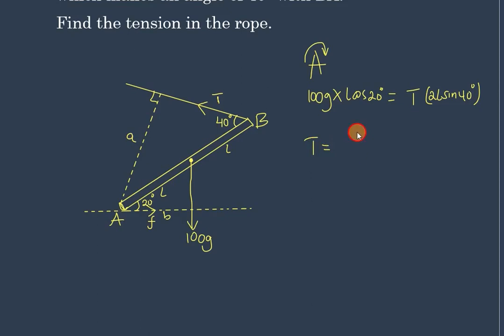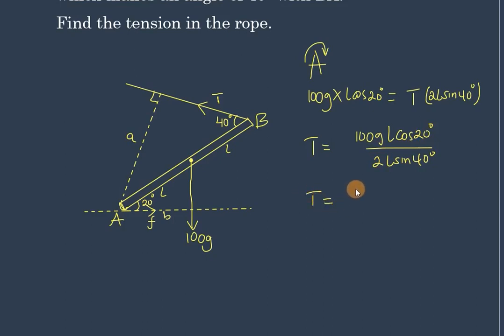T is equal to 100 times g times L times cosine of 20 degrees divided by 2 times L times sine of 40 degrees.